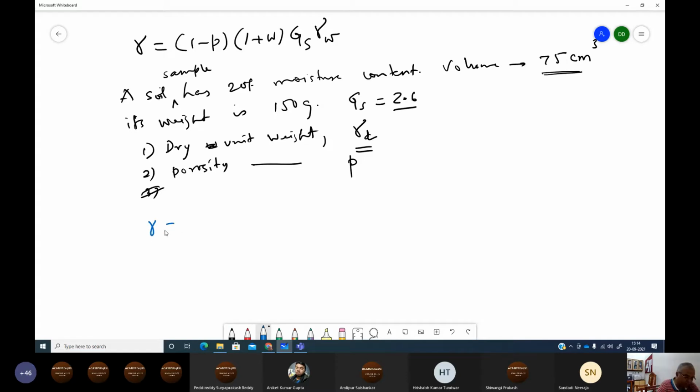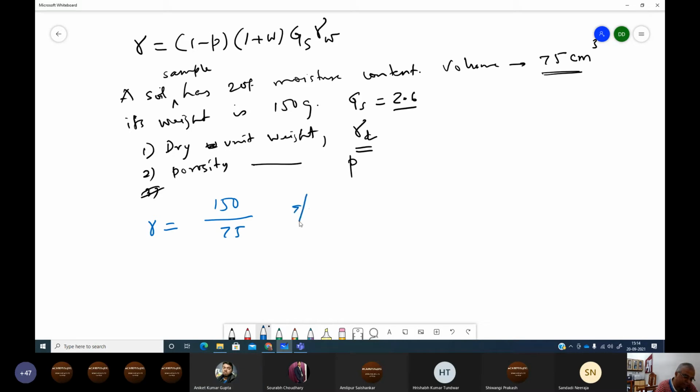What is gamma here? Can anybody tell me what is gamma? W by V. Weight by volume. How much is the weight? It is given, right? 150 grams. So 150 by 75.